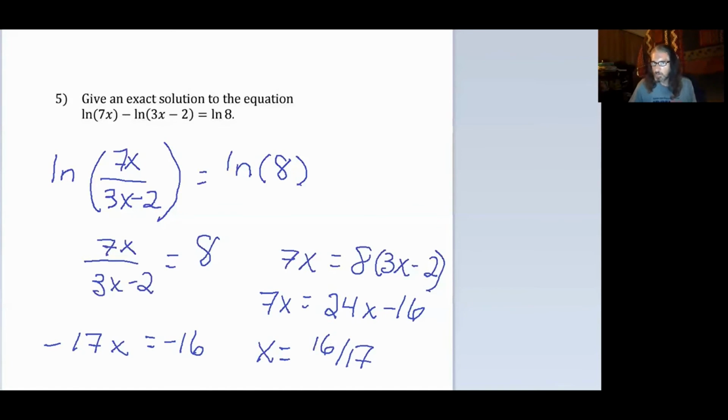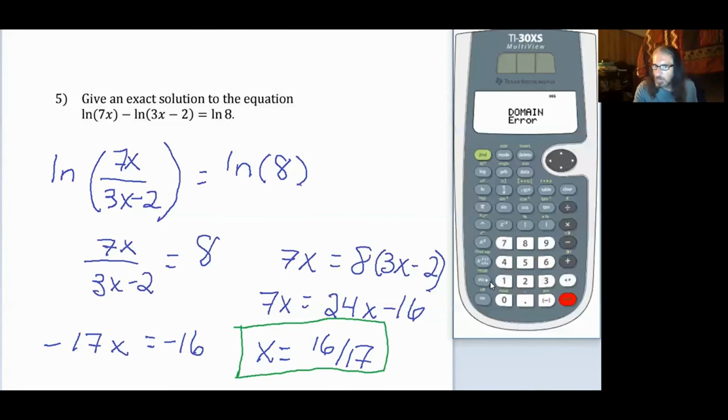And it cannot be reduced. See if that in fact checks. That denominator, to make sure that we don't get something other than a positive. 3 times 16 over 17 minus 2. Okay, we've got a positive there. And 7 times a positive is going to be positive.